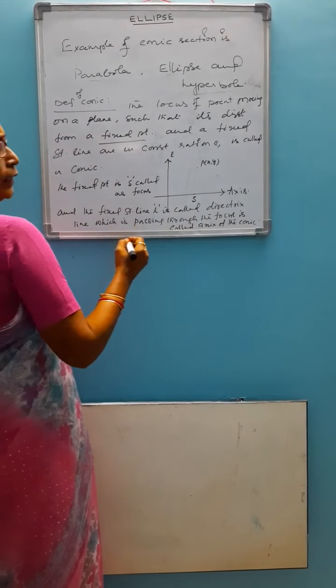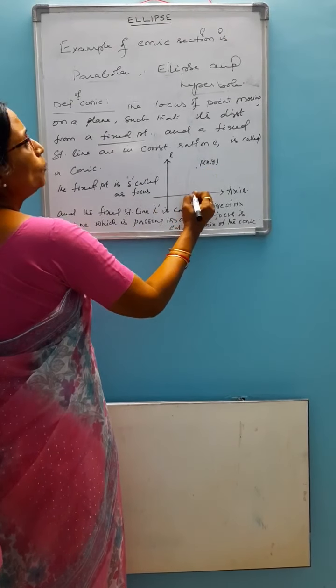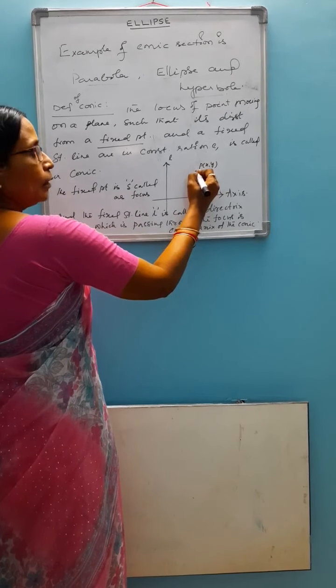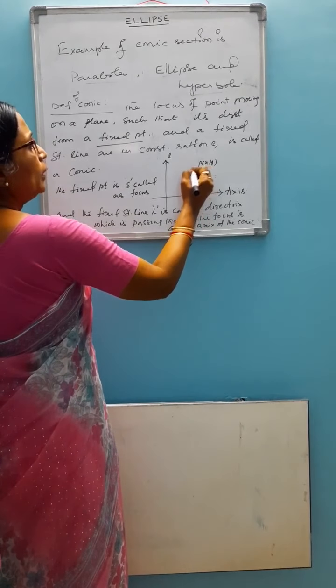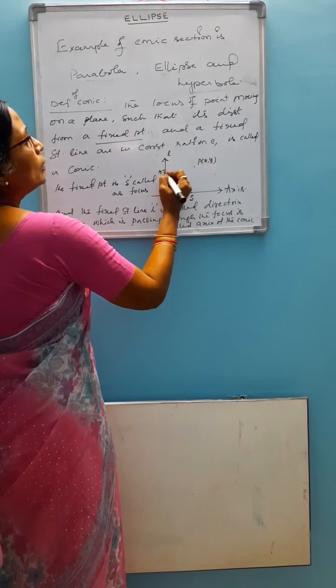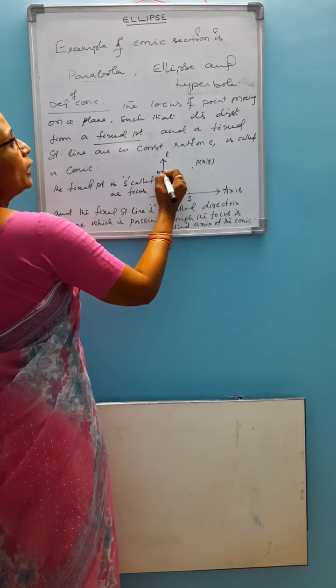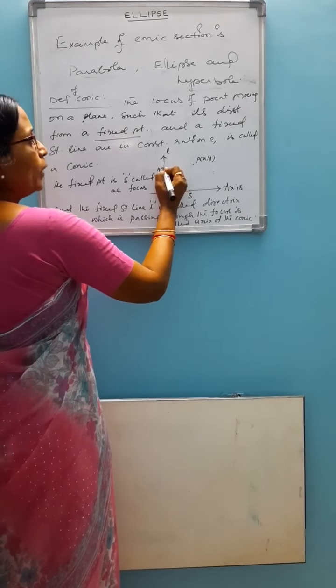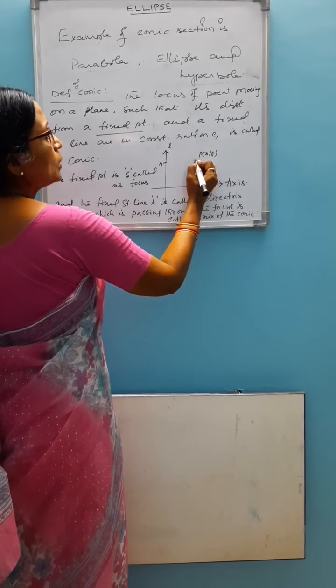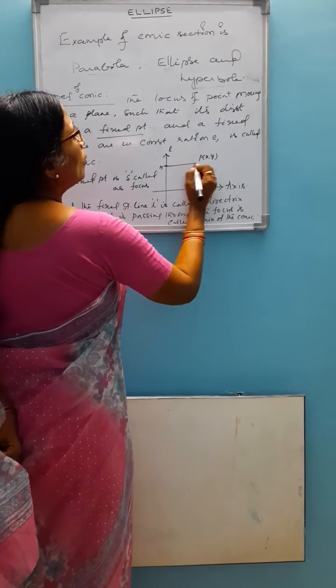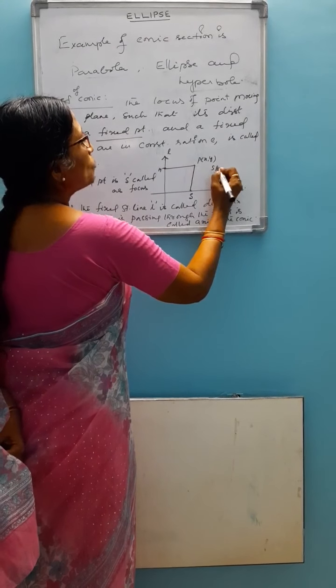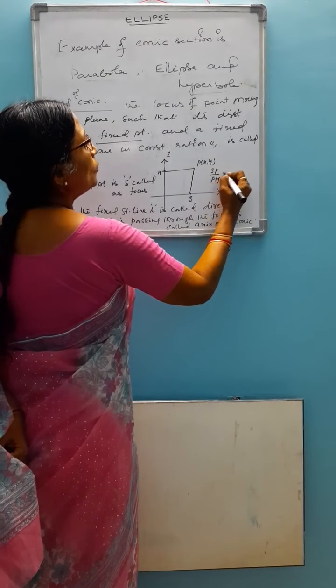The distance from the fixed point to the locus point P, and the distance from the fixed straight line, the point M to the locus point P, are in a constant ratio. That is SP by PM is equal to e.